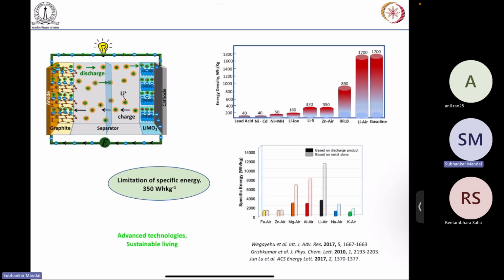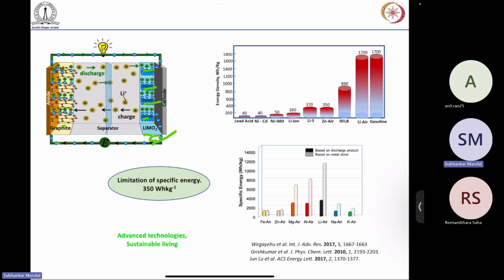Now we can see how lithium-ion batteries work. Basically, you have a cathode where you have lithium metal oxide, a layered kind of structure, and on the anode side you have graphite, which is a carbon material.